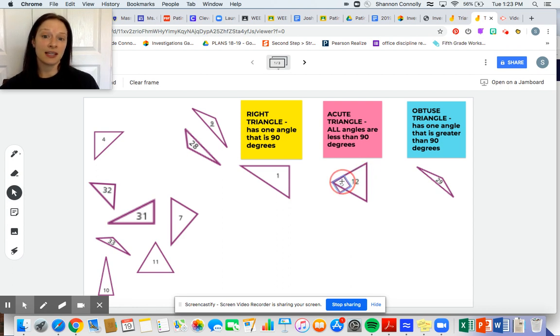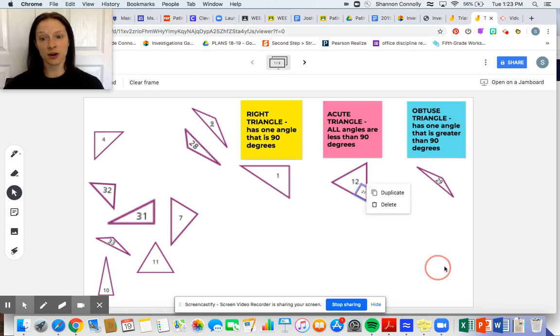And I can put that in each corner or in each angle to see, and I can tell that all three angles are less than 90 degrees, okay? If you have all three angles less than 90 degrees, you know that you have an acute triangle.